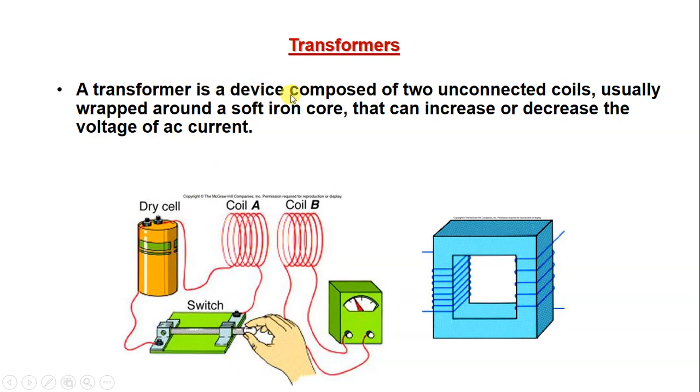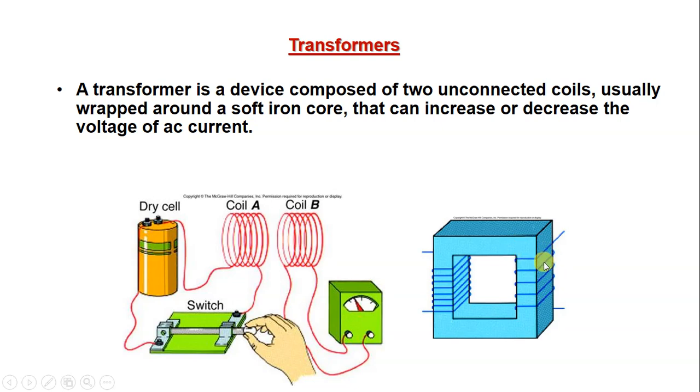A transformer is a device composed of two unconnected coils. Look at this picture here. This is a coil, wire wrapped around this core. The rectangular block here is a core, an iron core. So we have wire wrapped around one side of this core, making a first coil, and we have another wire wrapped around the other side of this rectangular core.